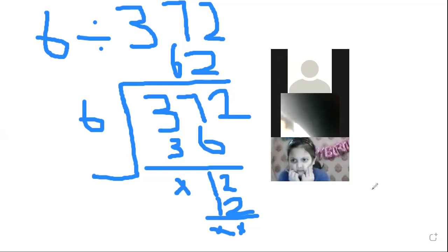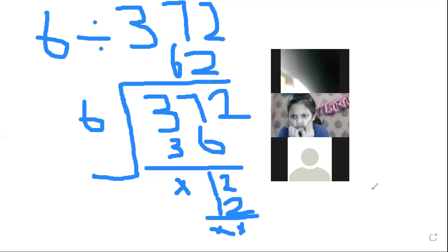Okay. Sila, Azan and Bisma, it's a very simple rule. First, you have to find whether 37 comes in the table of 6 or not. Simply recall the table of 6 to find out whether 37 is present in the table of 6 or not.